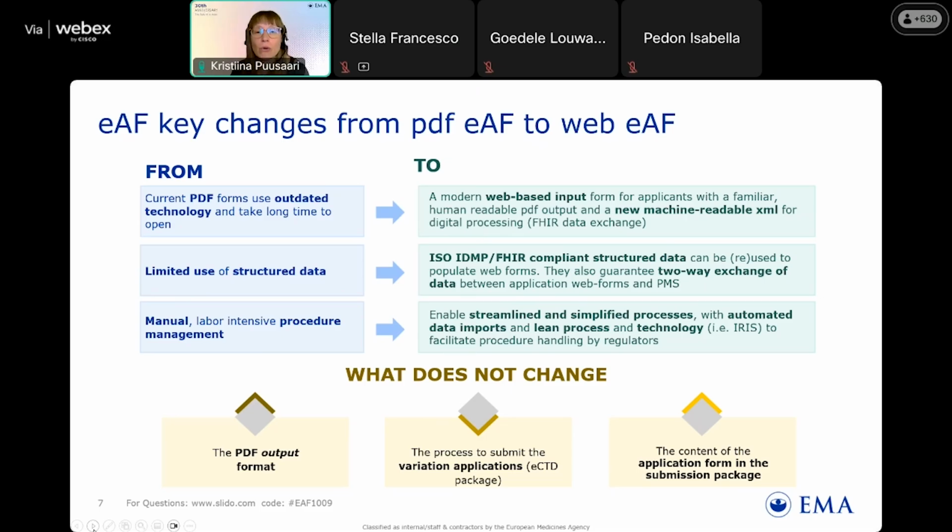We are using all of this, and it is in an ISO IDMP compliant structured data format. And of course, you can really see also already during the demo that we are moving from this manual, labor-intensive filling in of the forms, where you have to manually type information that we as an agency and as a network already have.